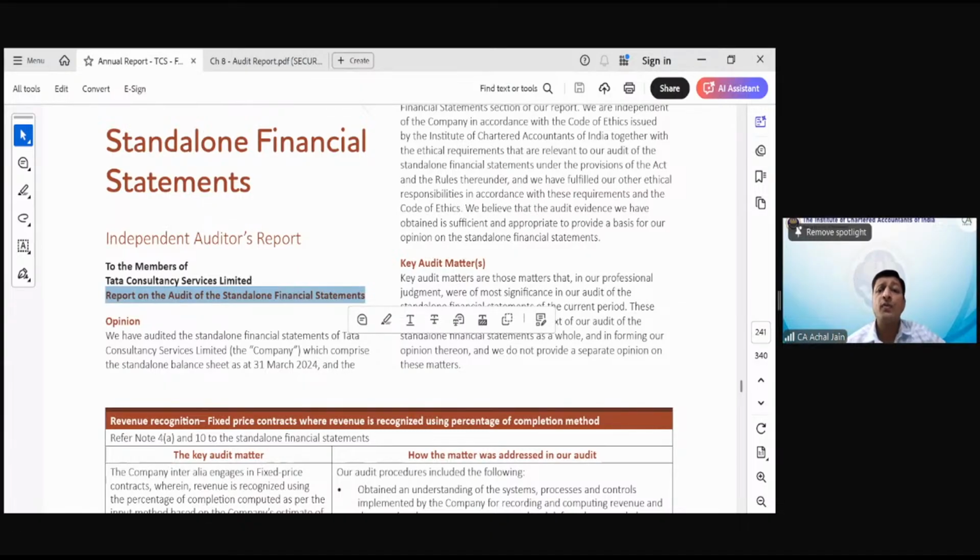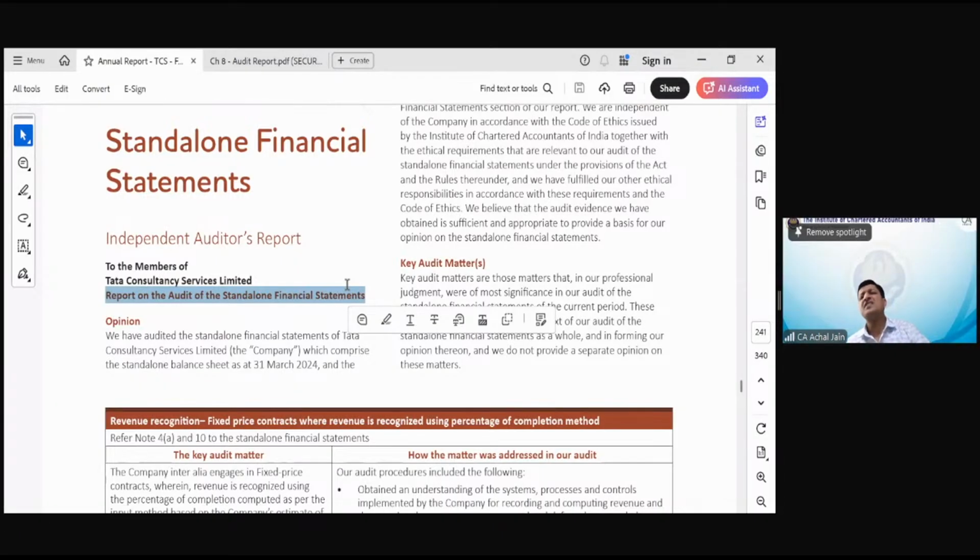So this is also what you call a subtitle. First of all, you are giving the main title, Independent Auditor's Report. Then you are giving a subtitle. It means, in slightly more detail, you are saying it's a report on the audit of the standalone financial statements.